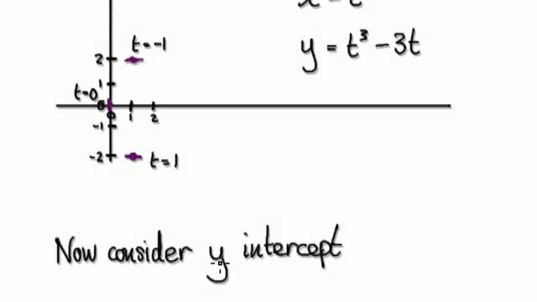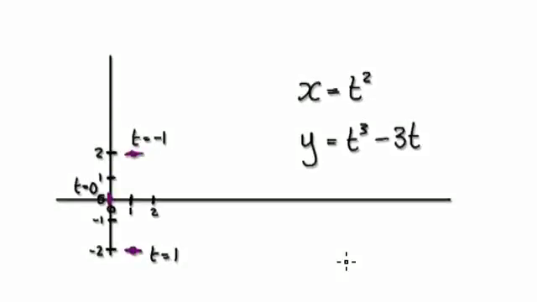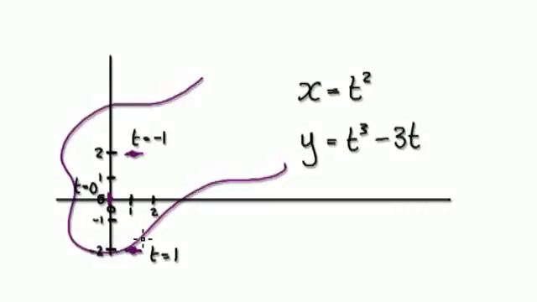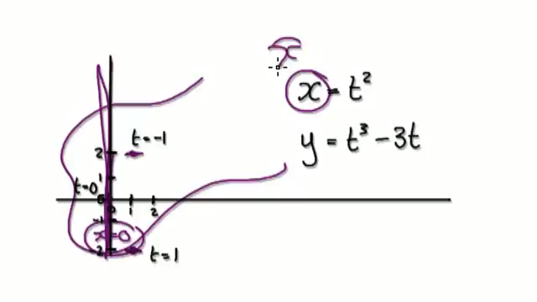To obtain the y-intercept, set x to be 0, because suppose you have a graph, a curve looking like this. If x equals 0 is here, then to identify the y-intercept, set x to be 0. So set this to be 0.